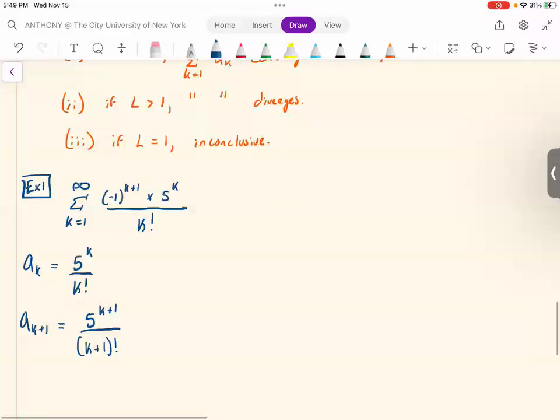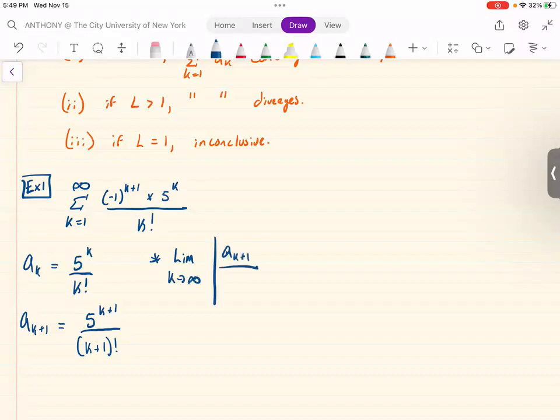So what I need to do is take the limit as k approaches infinity of the absolute value of a_(k+1) over a_k, and we have to compute it and see if it exists. So you make some substitutions here.